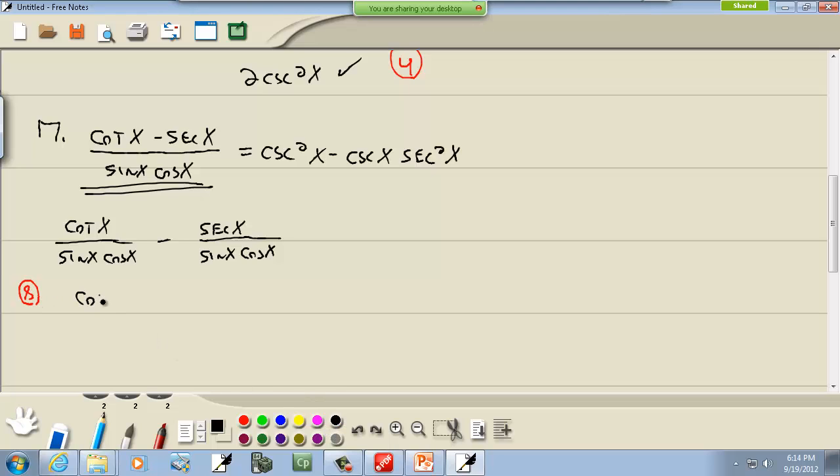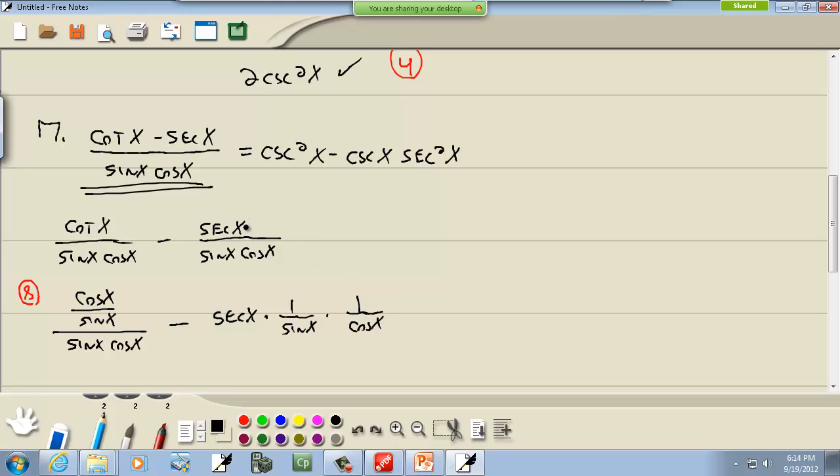So this would be cosine x over sine x over sine x cosine x minus secant. Actually, I think I'll leave that one alone. Let me write this instead as secant x times 1 over sine x times 1 over cosine x.